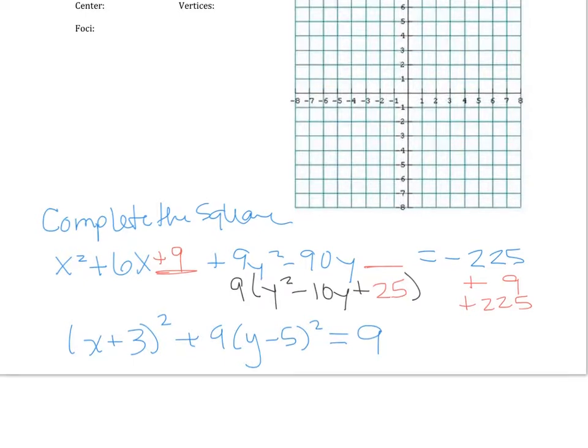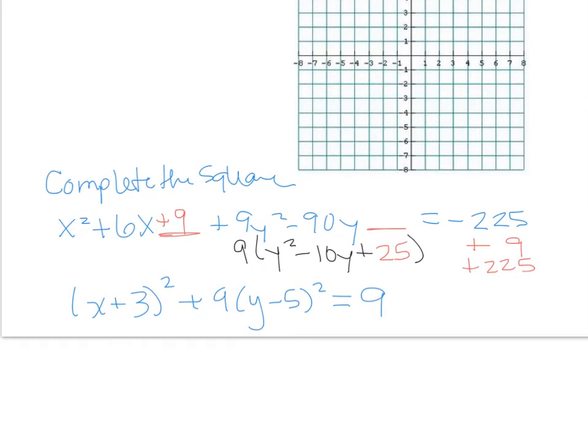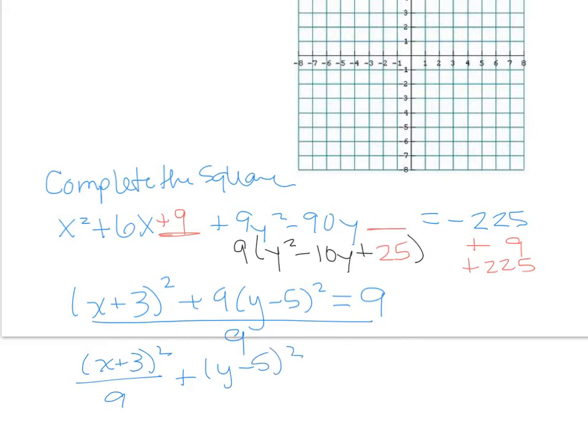Because we know that our standard form of the equation has to equal 1. So we're going to divide everything here by 9. And our standard equation is going to be x plus 3 squared over 9 plus y minus 5 squared over 1. I'm going to keep that 1 there just to remind me. And that all equals 1.